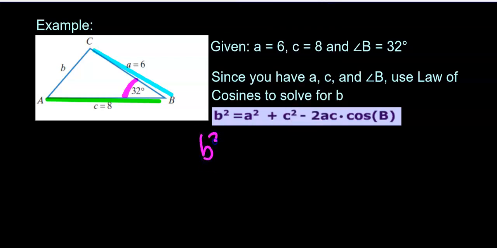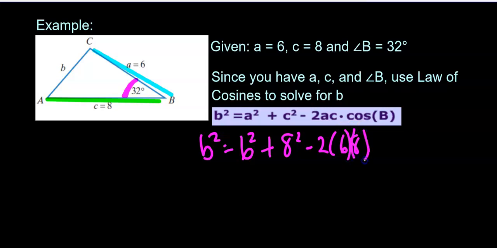So we have b squared. I don't know what b is, but I know what a is, 6 squared. So I'm just substituting plus 8 squared minus 2 times 6, and then times 8, cosine of 32 degrees. Okay, we have to follow the order of operations.